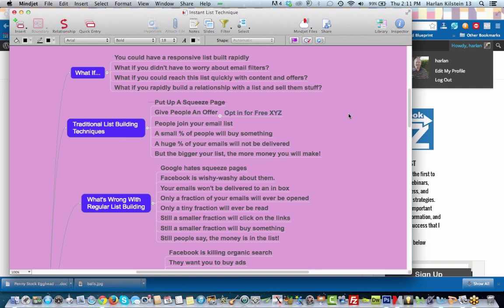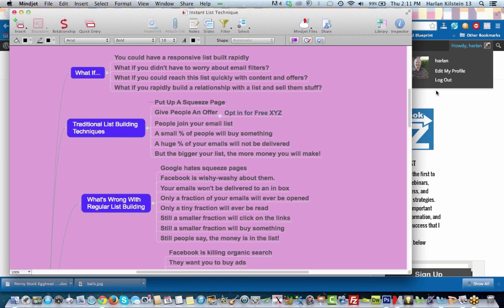And so people joined your email list. Now, of the people who join your email list, a very, very minute percent of people are going to buy something right away. A very, very minute number of people are going to buy something right away.